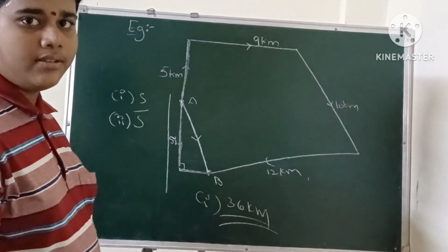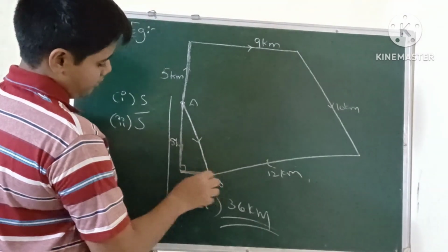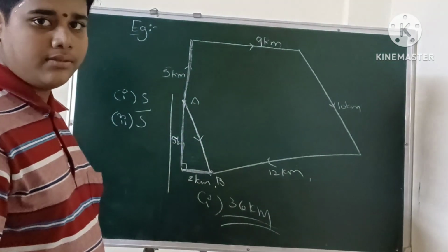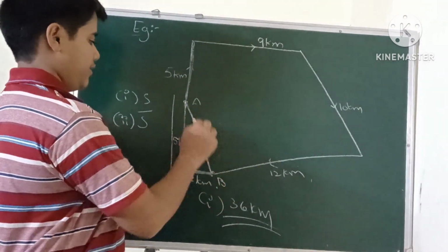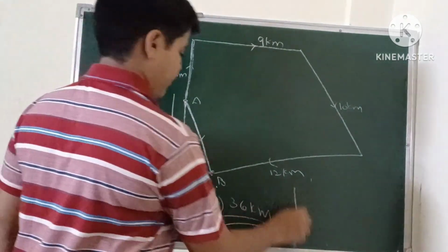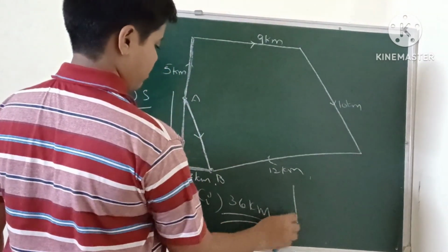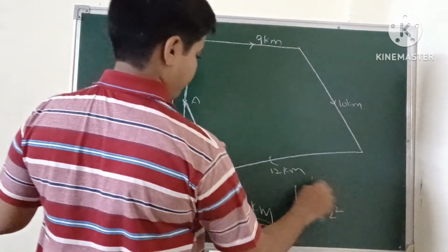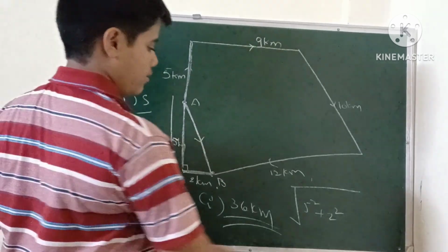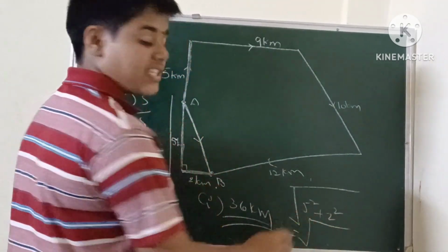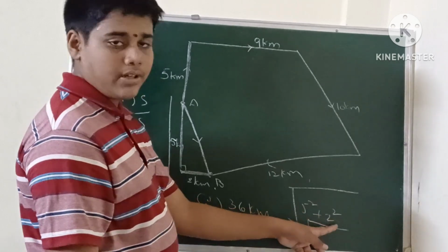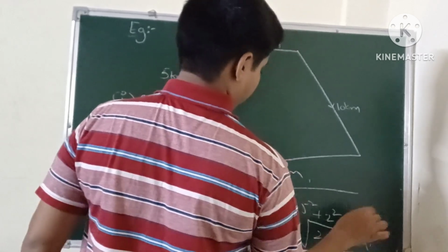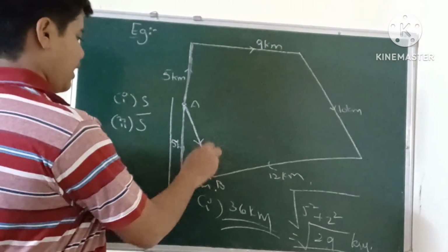And this value I am taking as 2 kilometers. We have to find this hypotenuse. Hypotenuse means root over 5 square plus 2 square, so root over 25 plus 4, which becomes root over 29 kilometers. Root over 29 kilometers is the hypotenuse.